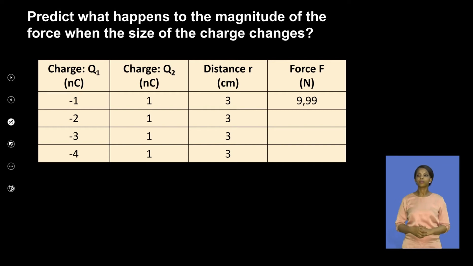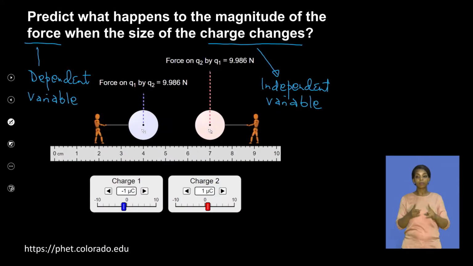If we go back to that slide, we'd see that the distance between the two charges, remember these are charges, is 3 centimeters, which we can measure. So 3 centimeters is the distance between Q1 and Q2. The force exerted by Q1 on Q2 is 9.986, which is approximately 10 newtons. It's the same magnitude, but you must realize that these two forces are in opposite directions.